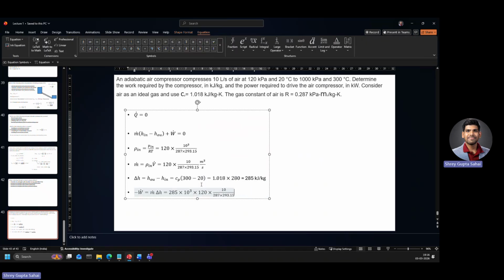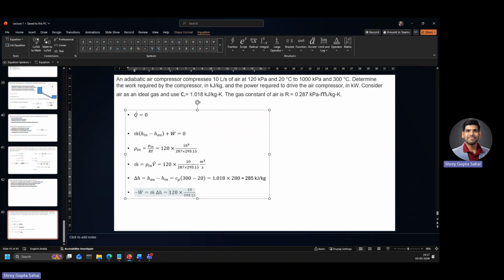Cancellation can happen if we want to do rough calculations. 287 roughly gets cancelled by 285. Then 293 can be roughly written as 300 or 290. 10 to the power 3 can be taken as kilowatts.